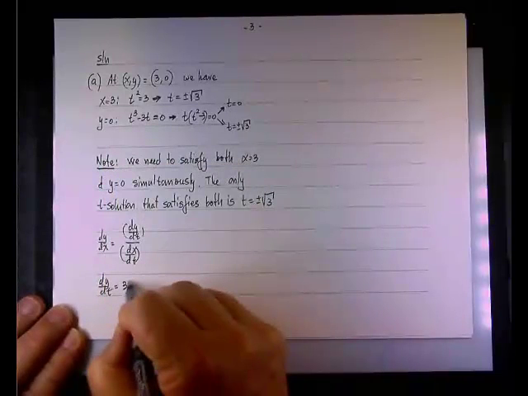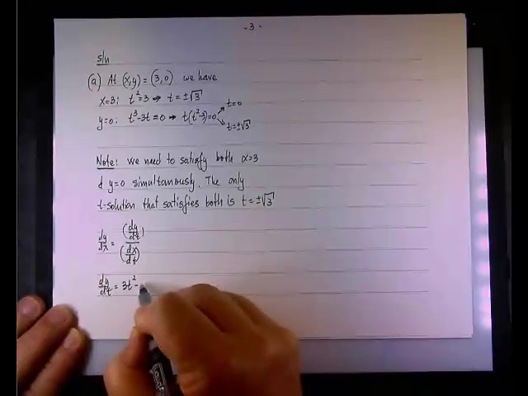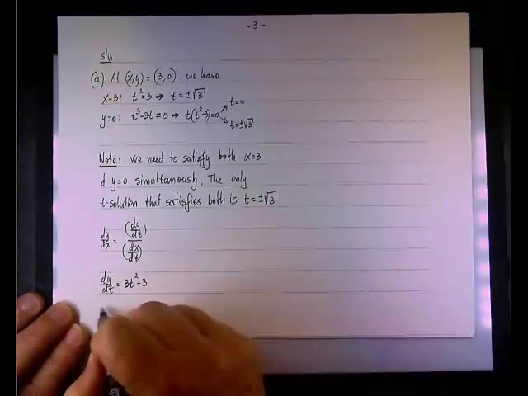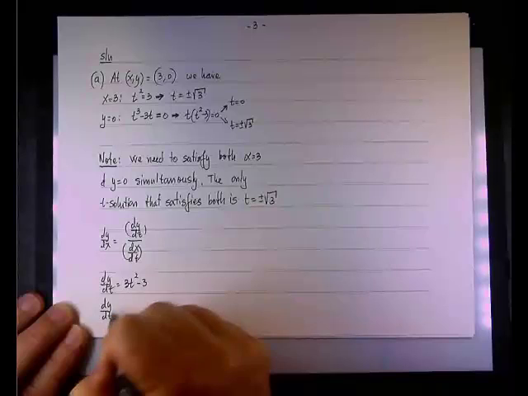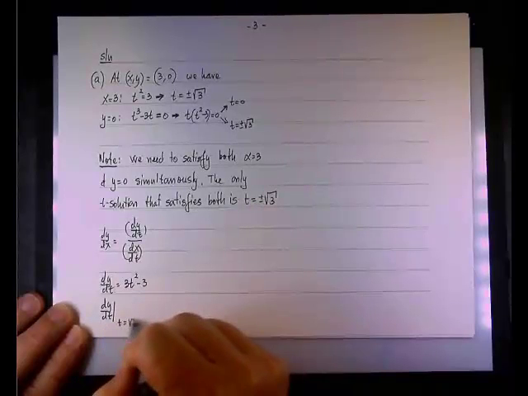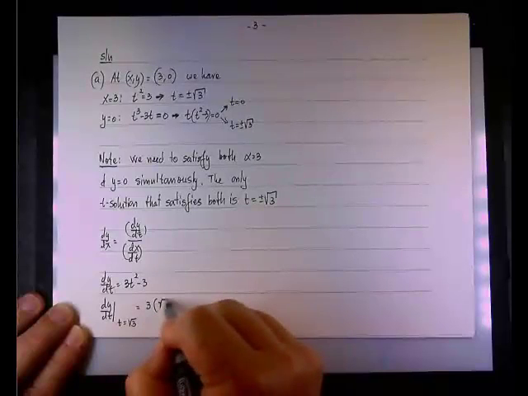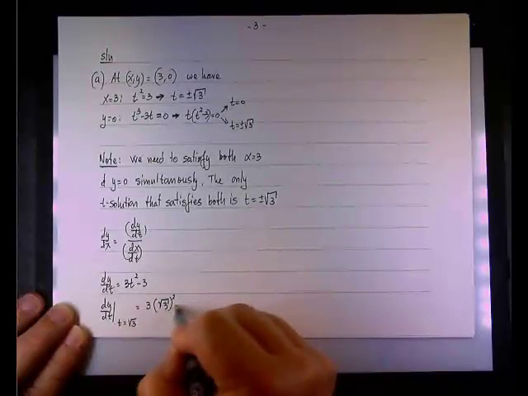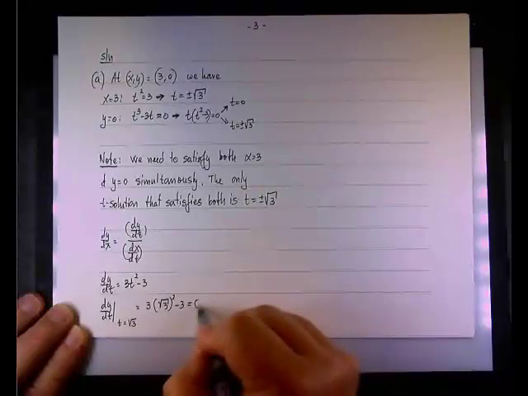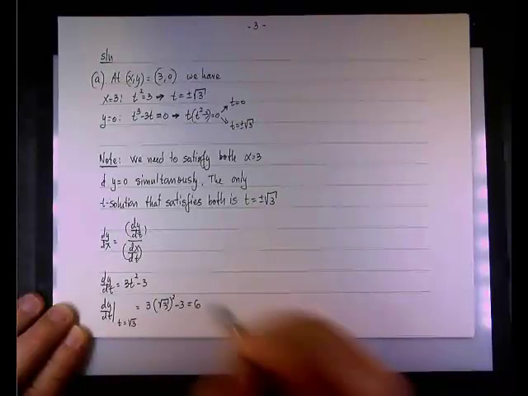So let's look at dy/dt. Since y equals t cubed minus 3t, dy/dt is 3t squared minus 3, and dy/dt when t equals positive square root of 3 is 3 times square root of 3 squared minus 3. Well, this will be 6.